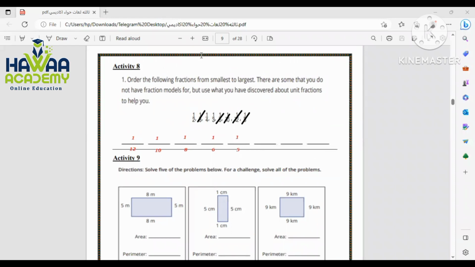After 1 over 5, we will put 1 over 4. After 1 over 4, we will put 1 over 3. And the last fraction will be half.